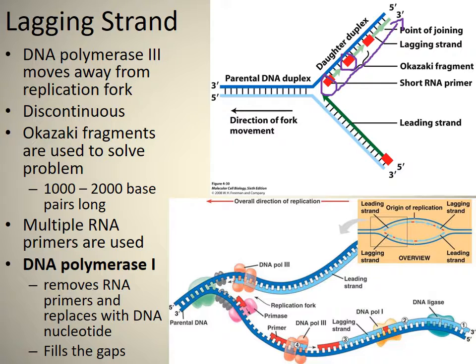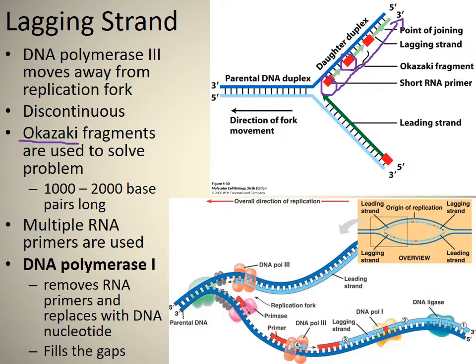Our cell needs to synthesize this new strand in fragments, and these fragments are known as Okazaki fragments. They are about 1,000 to 2,000 base pairs long, and we see that they will be attached later. It's almost like a puzzle piece for the lagging strand.